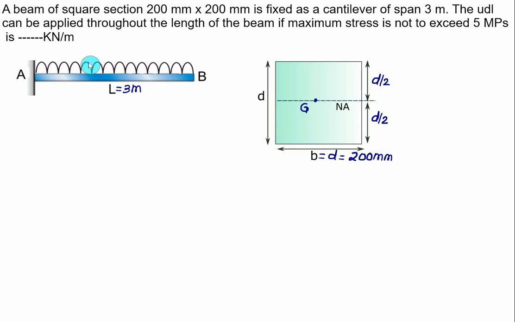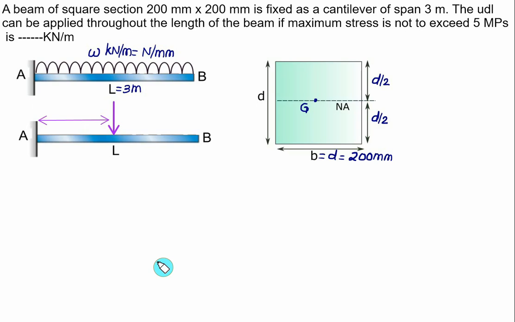The UDL, that is W in kilonewton per meter, is the same as Newton per mm. Already we have shown this equation. The bending moment is maximum at point A, that is at the fixed support. So we'll convert this UDL into a point load and calculate the maximum value of bending moment at point A. If we convert this UDL into a point load, we get W into L, and this distance is L by 2.